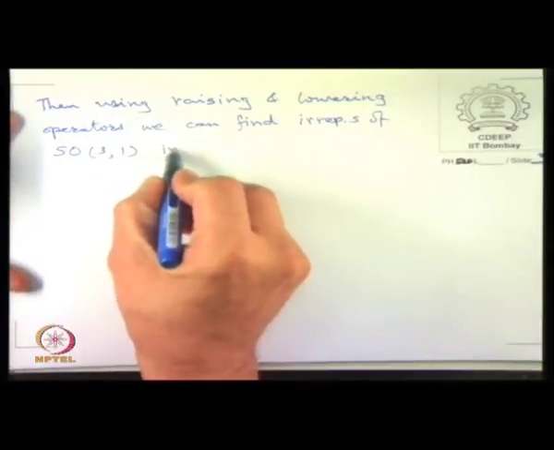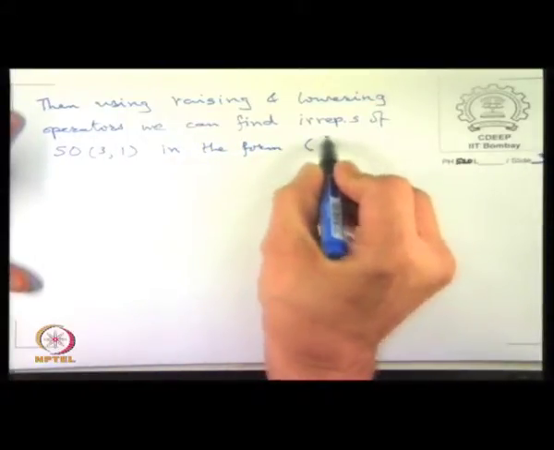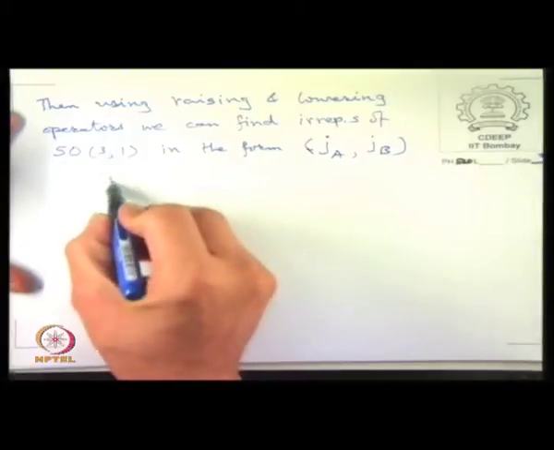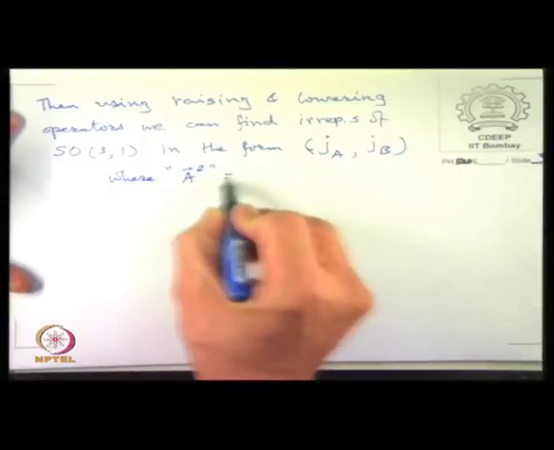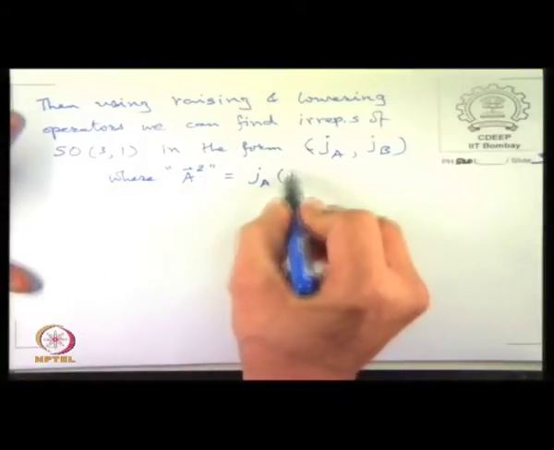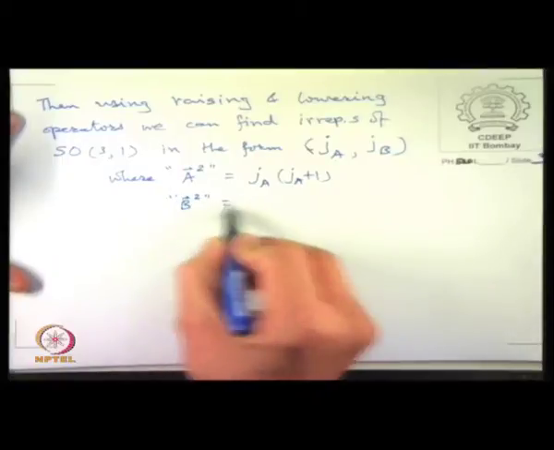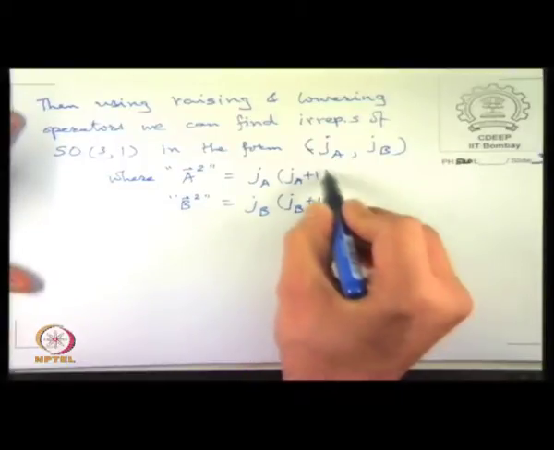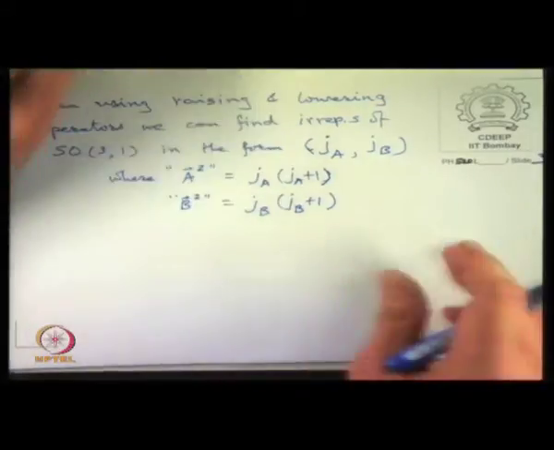SO(3,1) in the form J_A comma J_B, where A vector square will be equal to J_A into J_A plus 1 and B vector square will be J_B into J_B plus 1, etc. Because each one, A and B individually, resembles an SU(2) algebra.